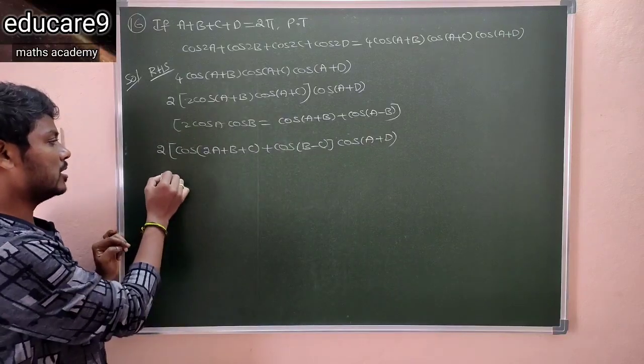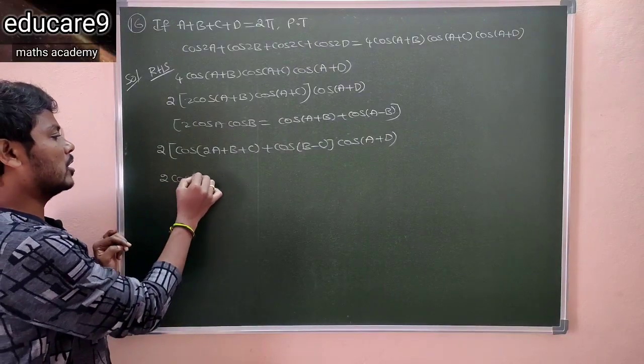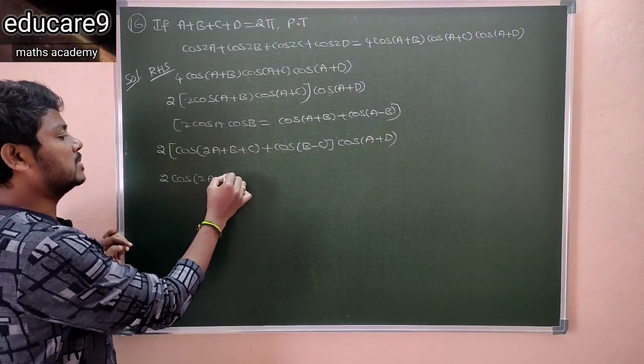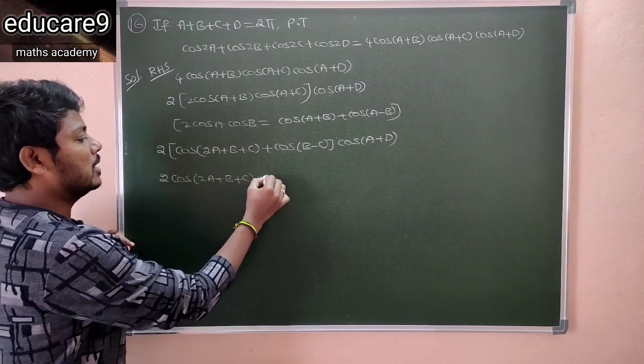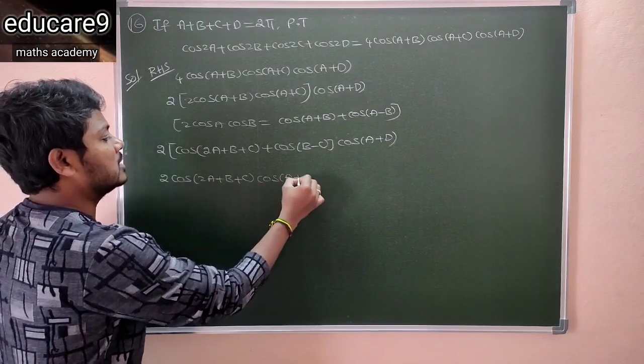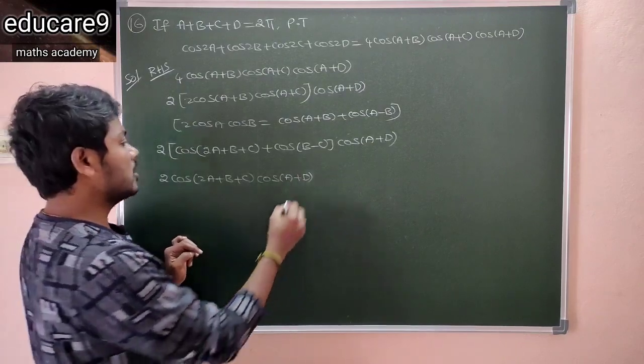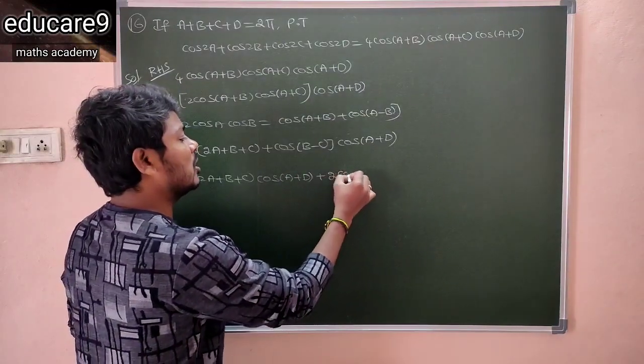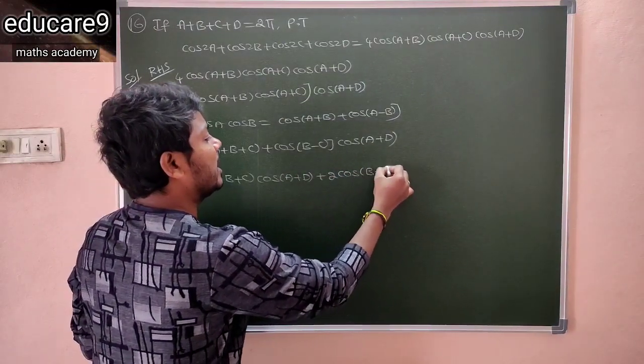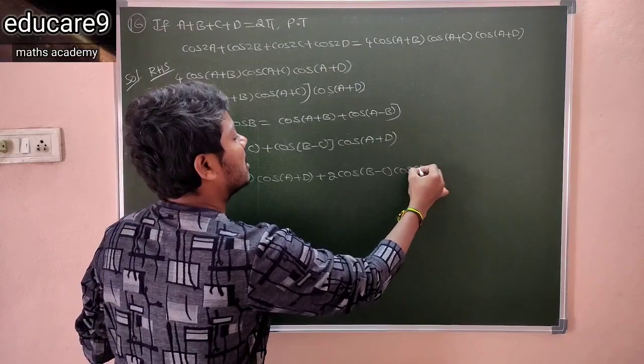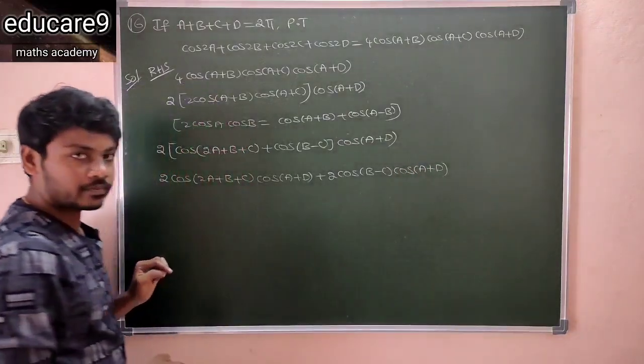See what you get? 2 into cos of 2A plus B plus C into cos of A plus D. Next, plus 2 cos of B minus C into cos of A plus D.